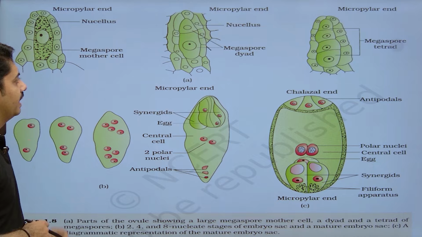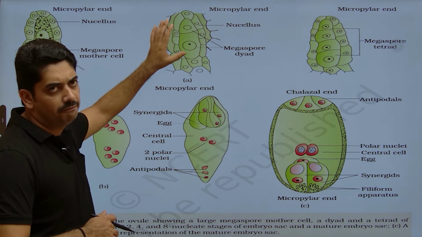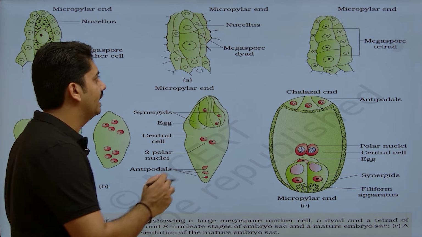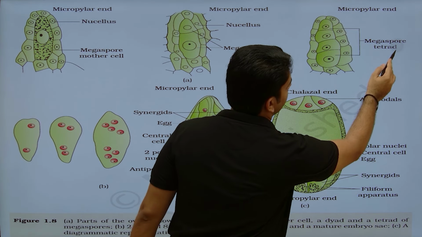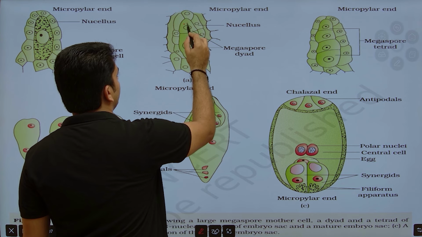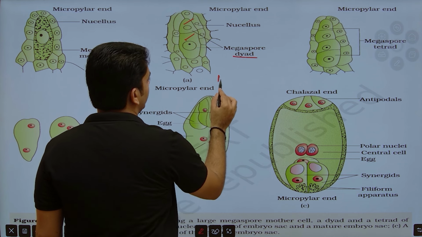This megaspore mother cell undergoes meiosis. In the first meiotic division, it forms two cells, which is called the megaspore dyad. Here you can see this is one cell and this is another cell. So this is the first meiotic division.